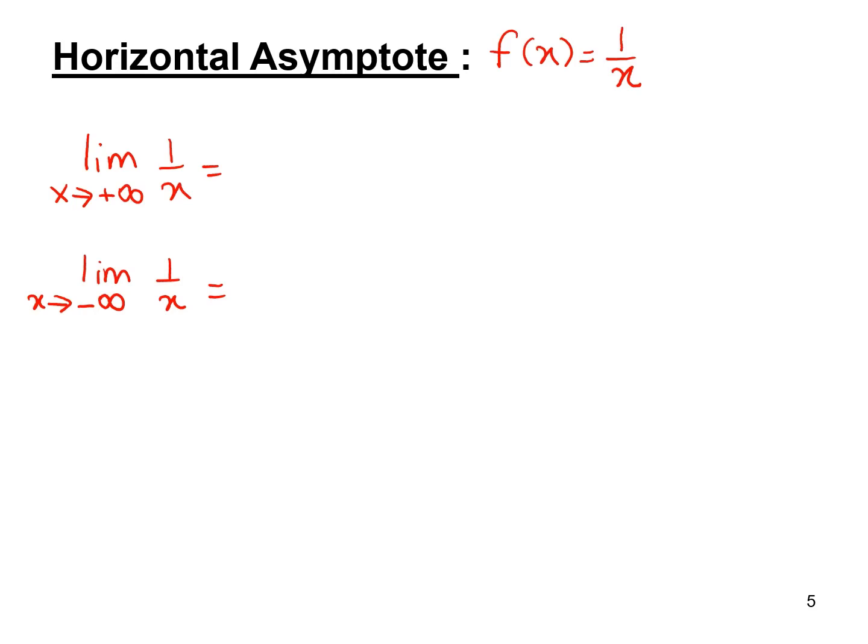For the first one, the limit of 1 over x when x tends to positive infinity is equal to 0. Second, the limit of 1 over x when x tends to negative infinity is equal to 0. Therefore, we might conclude that y equals 0 is the horizontal asymptote.